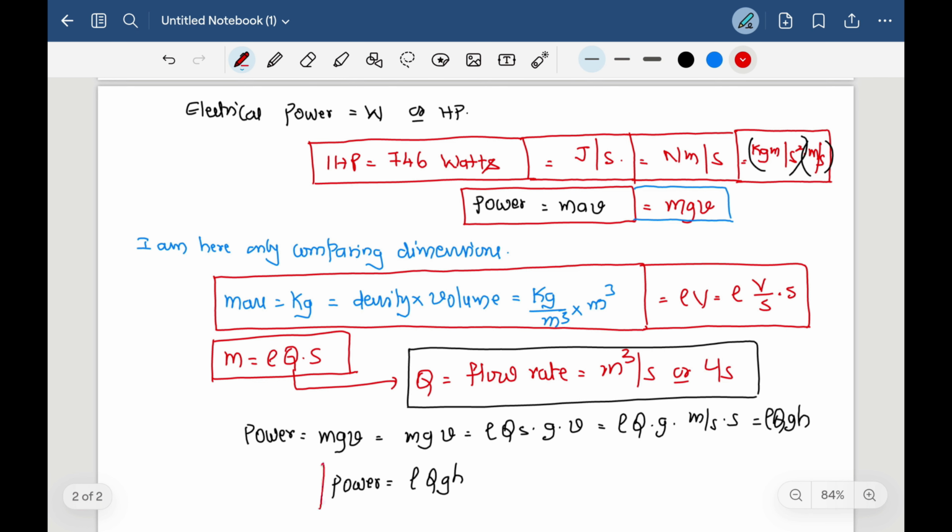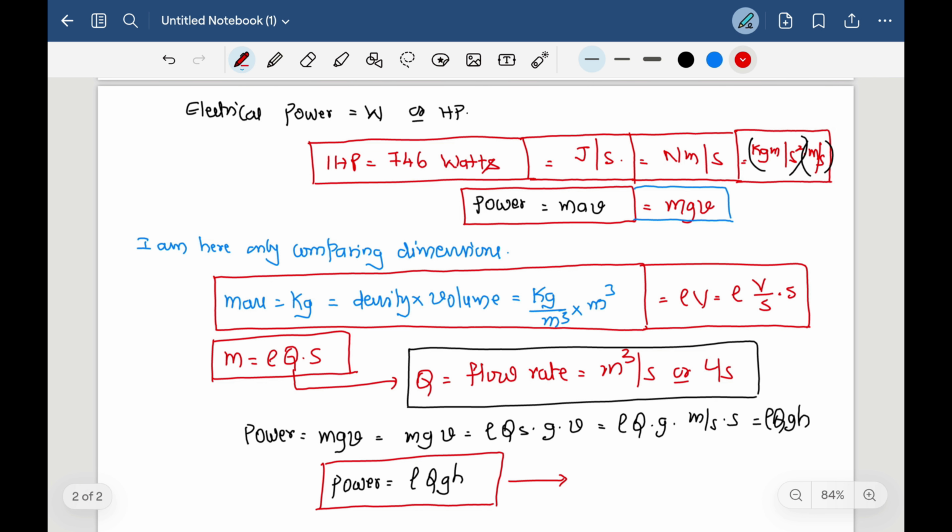This is one of the most important formulas that is required to be understood well, that is required to be learned by heart by mechanical and civil engineers for designing a pumping system. We have got the formula power is equal to rho Q g h.